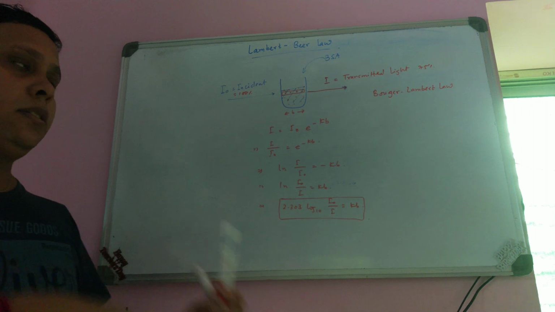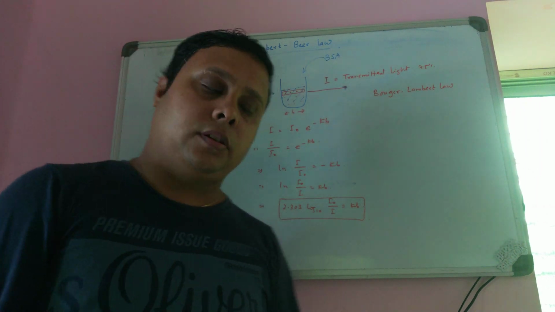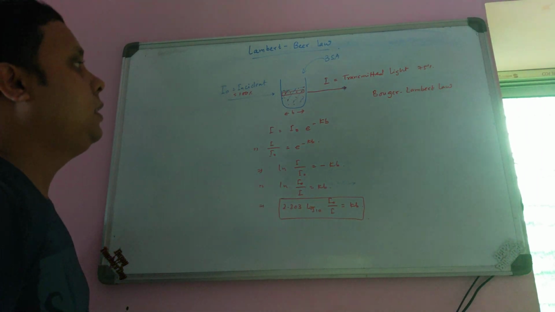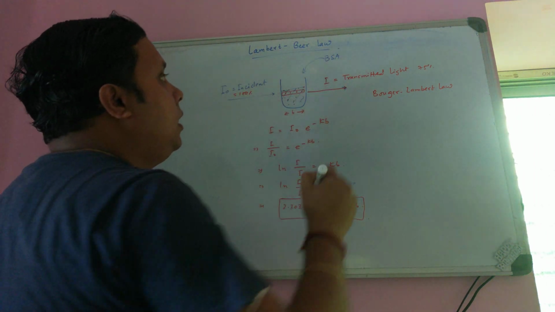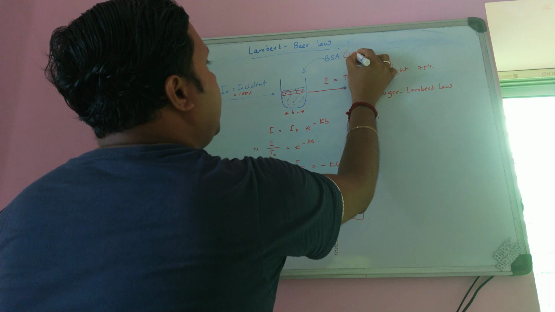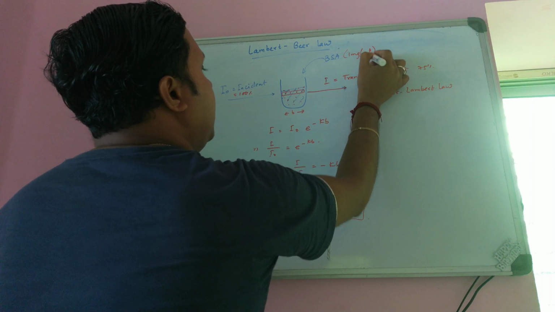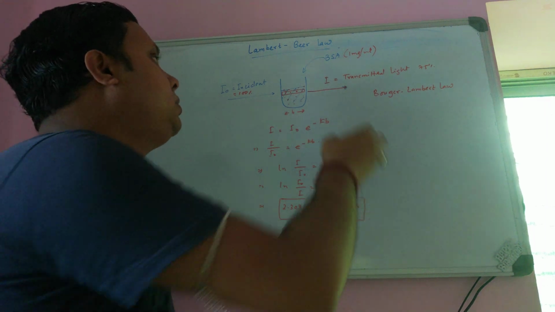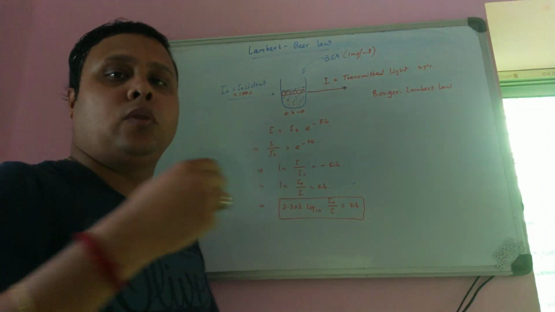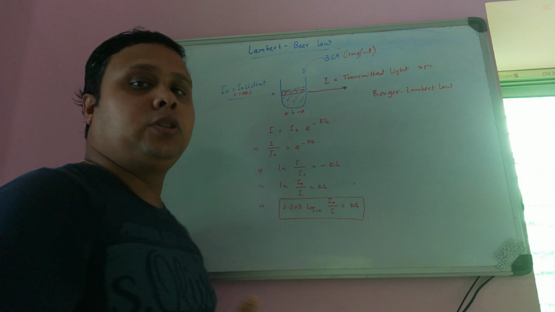Now the next law is known as Beer's law. Beer says that, say we are adding BSA in the solution at a concentration of 1 mg per ml, and in that case they are absorbing, say, 25%. When the concentration of bovine serum albumin is only 1 mg per ml, they are absorbing 25%.